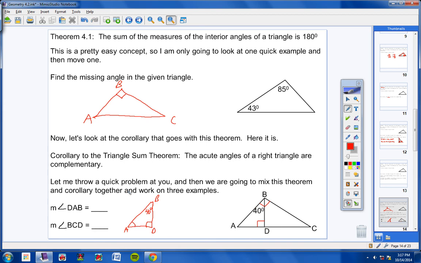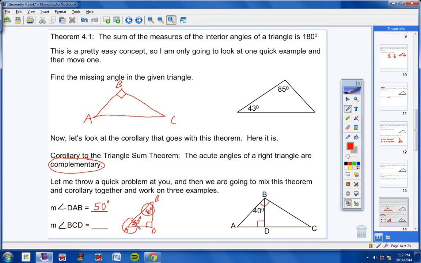Now, we just learned a corollary that says in a right triangle, the two angles that are not right angles are what? Complementary. So if angle B is 40, then angle DAB has to be 50, because 40 plus 50 is 90. And of course, this is 90 over here. So 40 plus 50 plus 90 is 180. So this angle right here has to be 50.